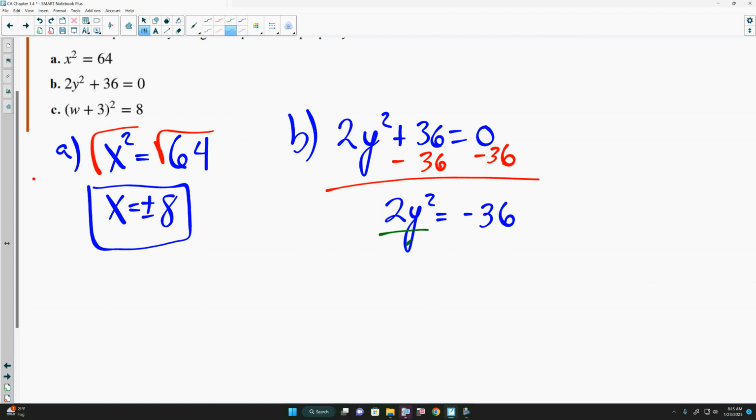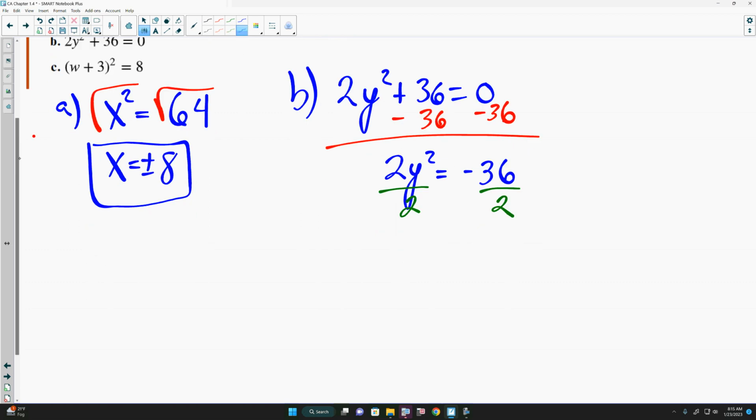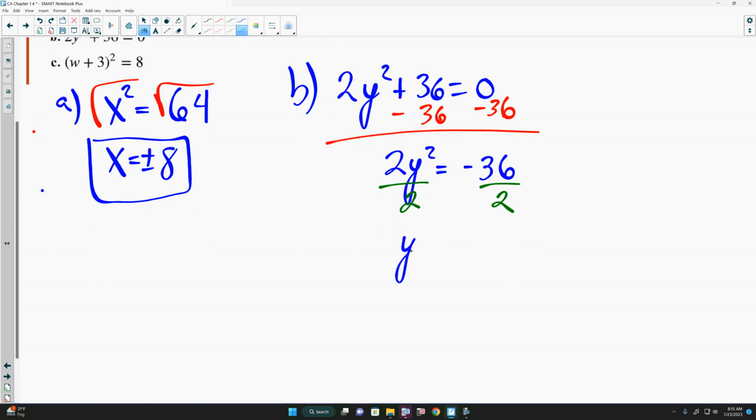The next thing we can do is divide both sides by 2, which will tell us that y squared is equal to negative 18. And last but not least, we can square root both sides. So we'll have y is equal to plus or minus.